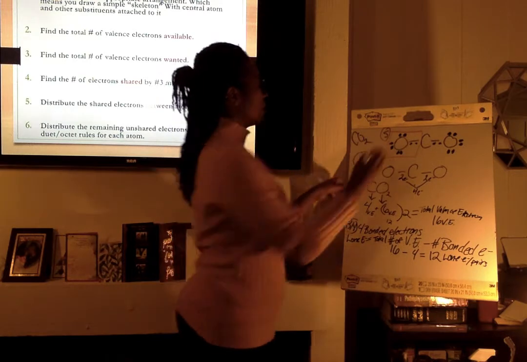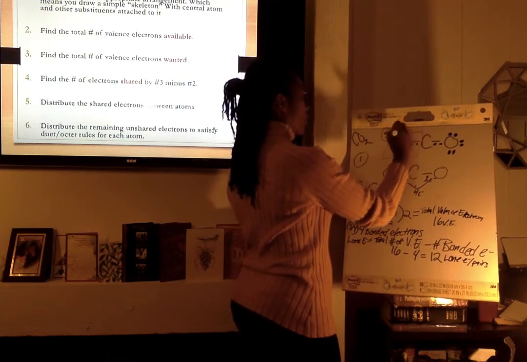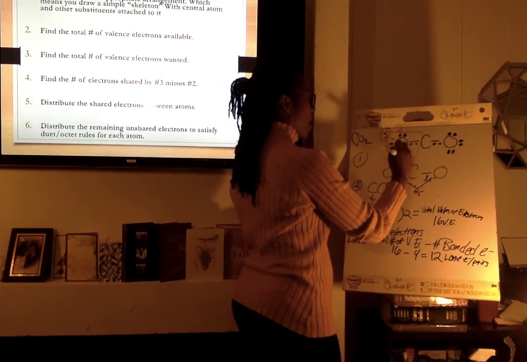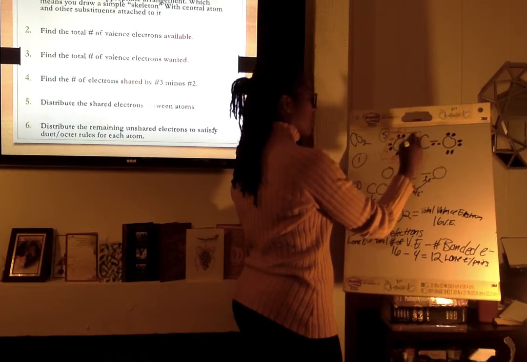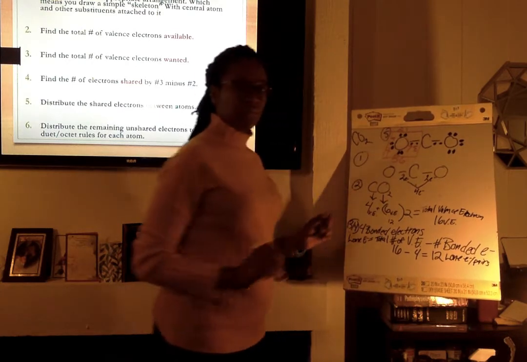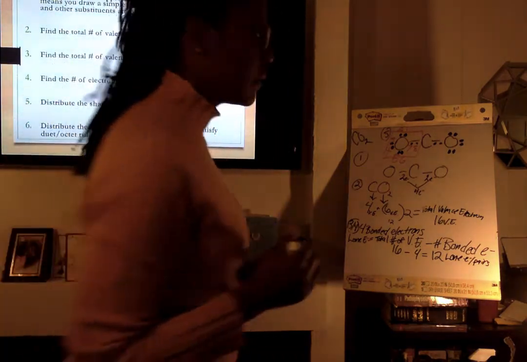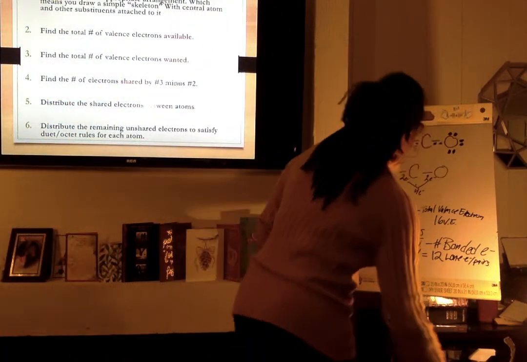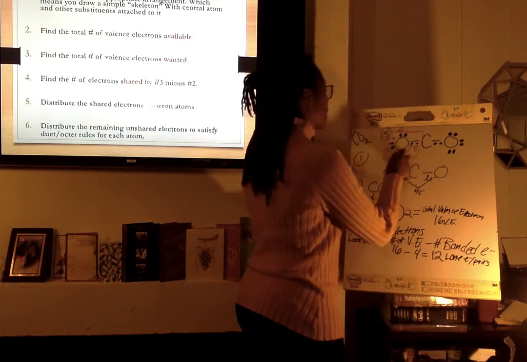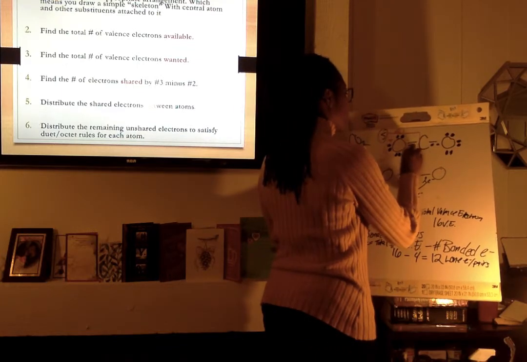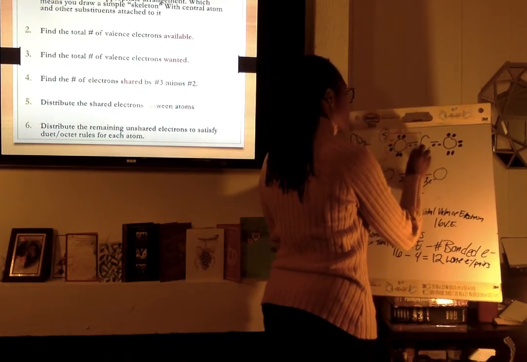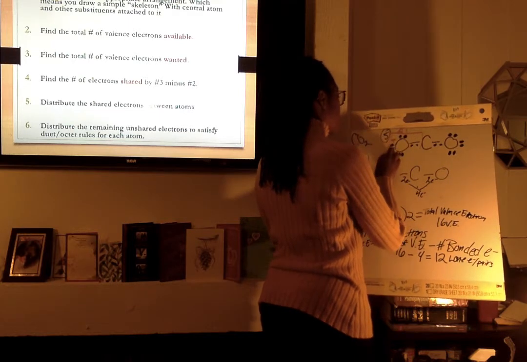Right? 1, 2, 3, 4, 5, 6, 7, 8. Okay. And so now you basically want to go ahead and look at every single atom to make sure that it satisfies the octet rule.